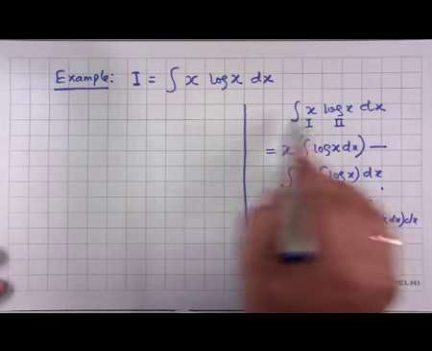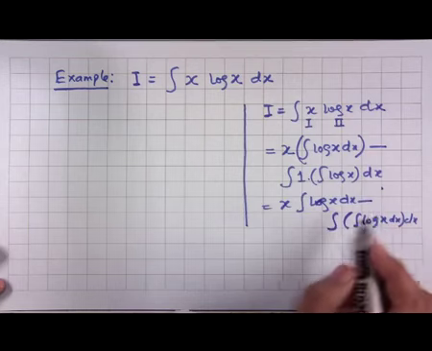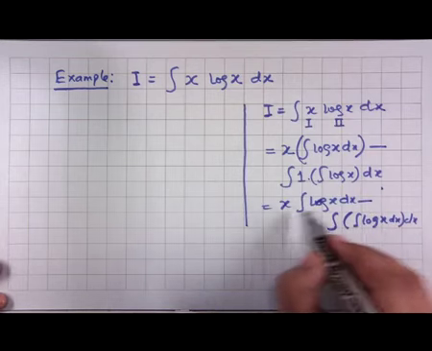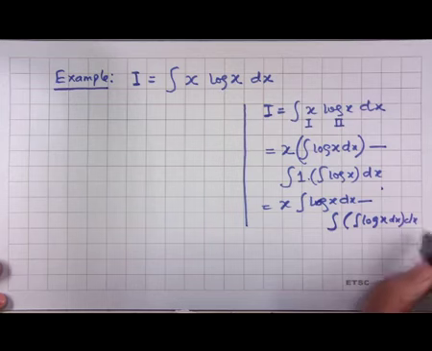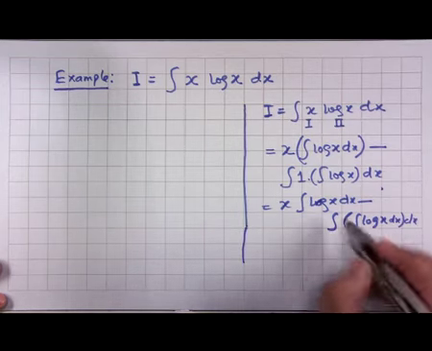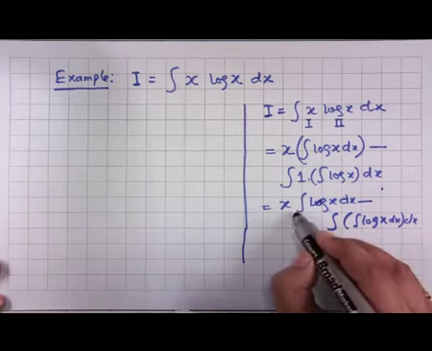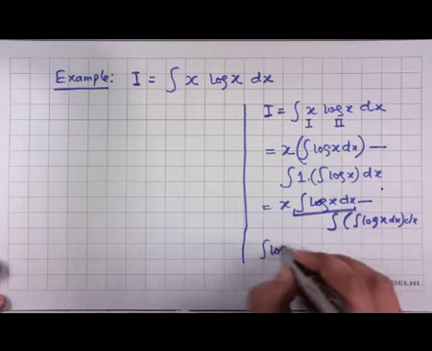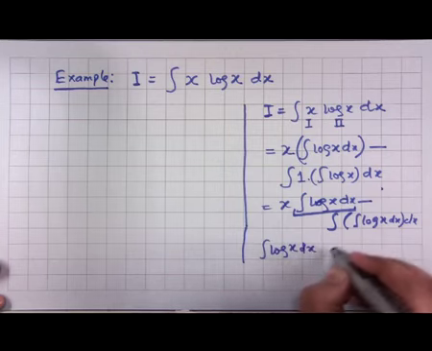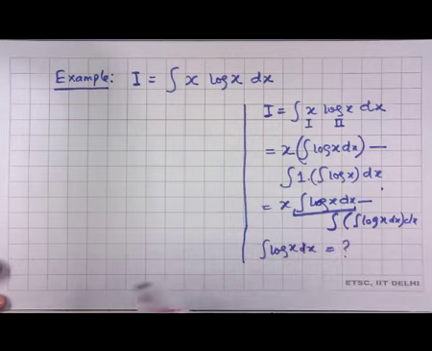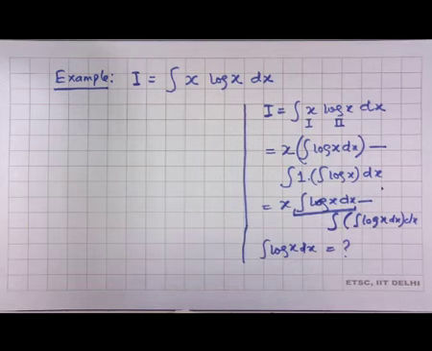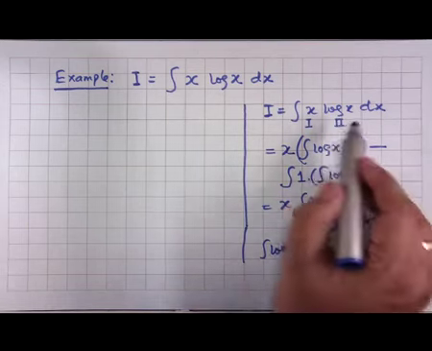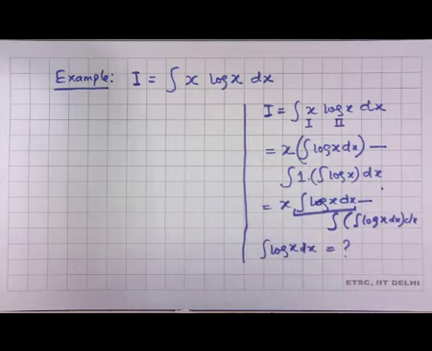So, the problem of finding this integral took us to this form, which has become furthermore complicated for us at this stage, because we really do not know what is the integral of log x. Therefore, we cannot move further. Choosing log x as second function and x as first function, as it was vanishing, did not help us here.